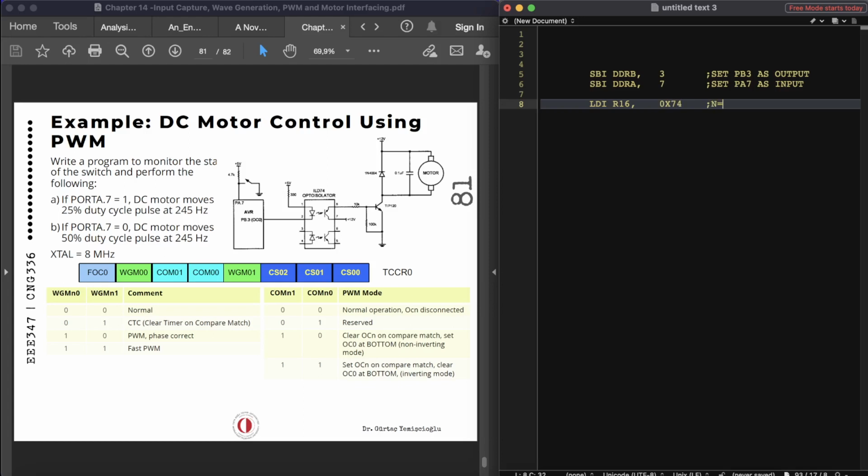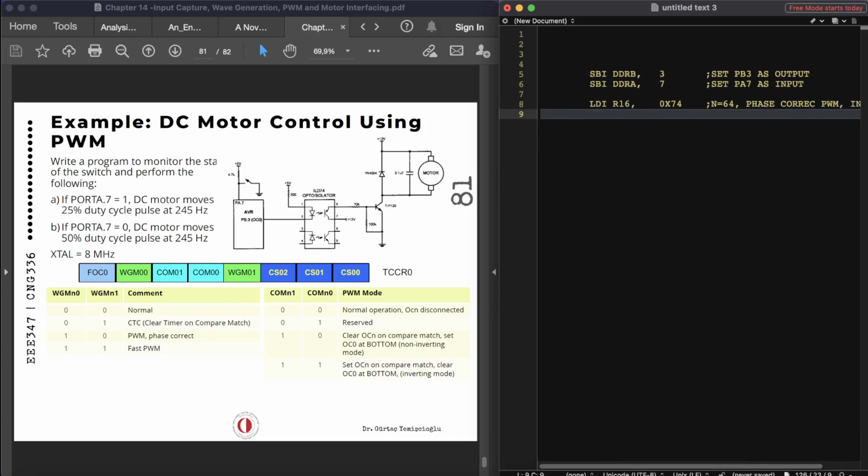That means N equals 64, the prescaler value. It's phase correct PWM, and it's going to be inverted. So now we just need to say OUT TCCR0, R16. And that's going to be the TCCR value.